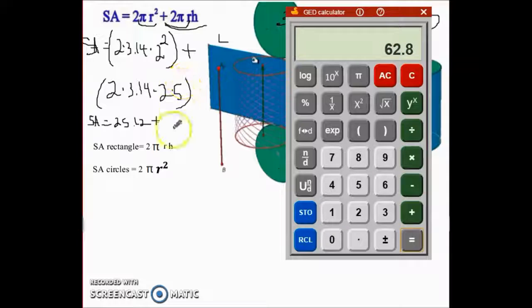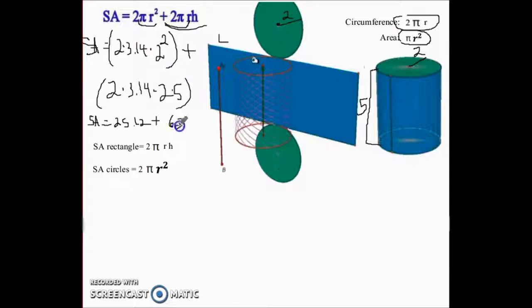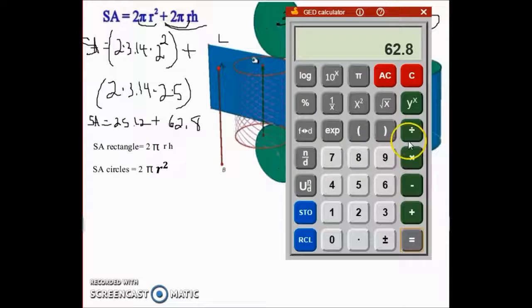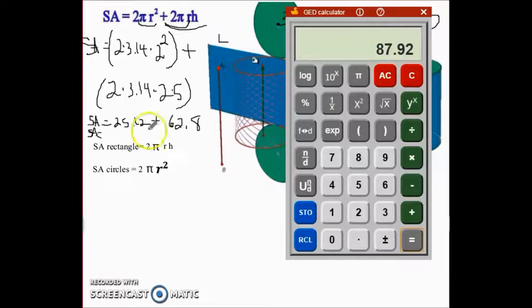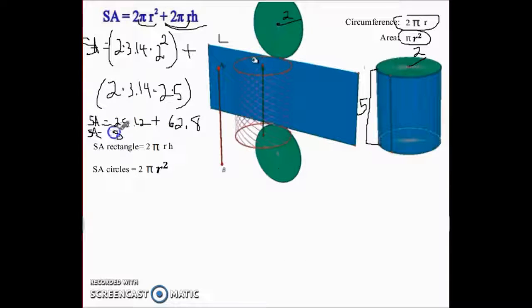And we get 62.8. So if I add 62.8 plus 25.12, the surface area of my cylinder is 87.92. And there's no units specified here, so we're just going to use U for units squared.